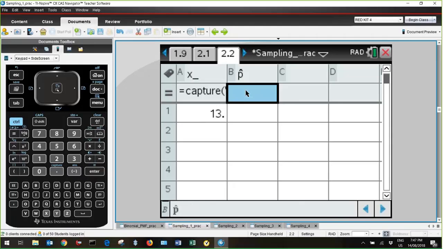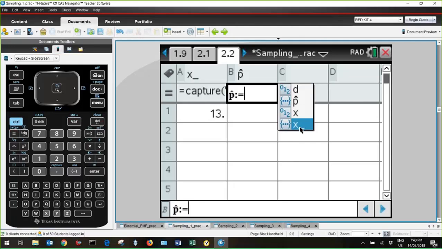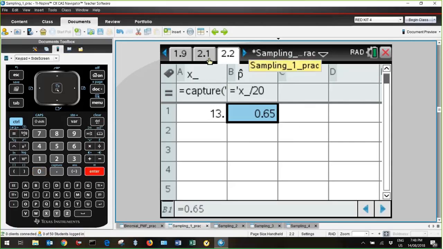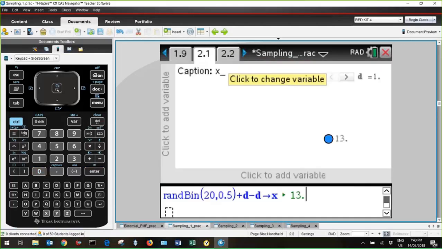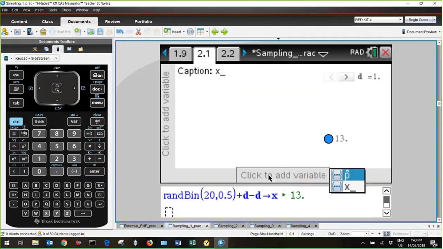Okay, and here the proportion is just whatever is in column x underscore divided by 20. Okay, so now I can go to here, and I don't want the x value, I actually want the proportion.